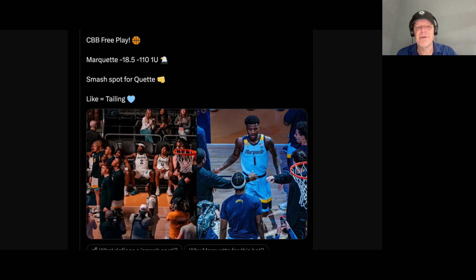However, based on a statistical property I'll show you here, this is another statistical property. And of course, I can't reveal this, but I actually teach this. Based on this particular statistical property, before the game even tipped off, Marquette only has a 44% chance of covering the 18.5.